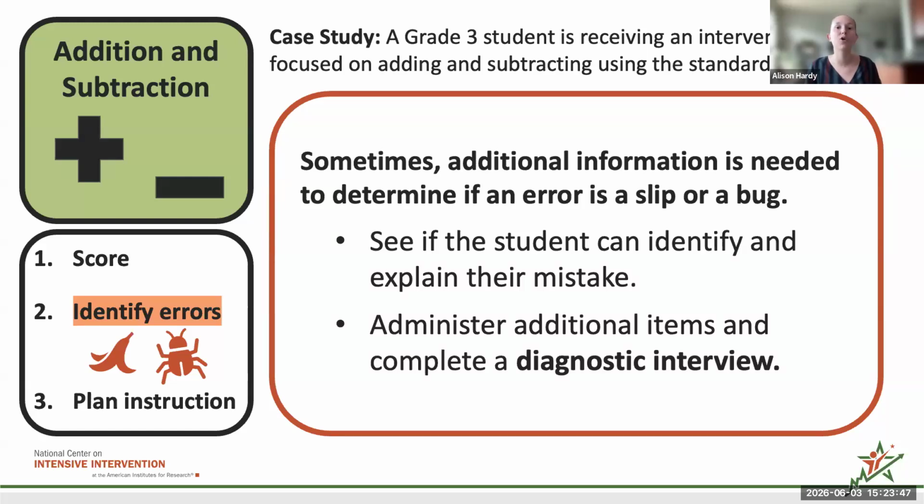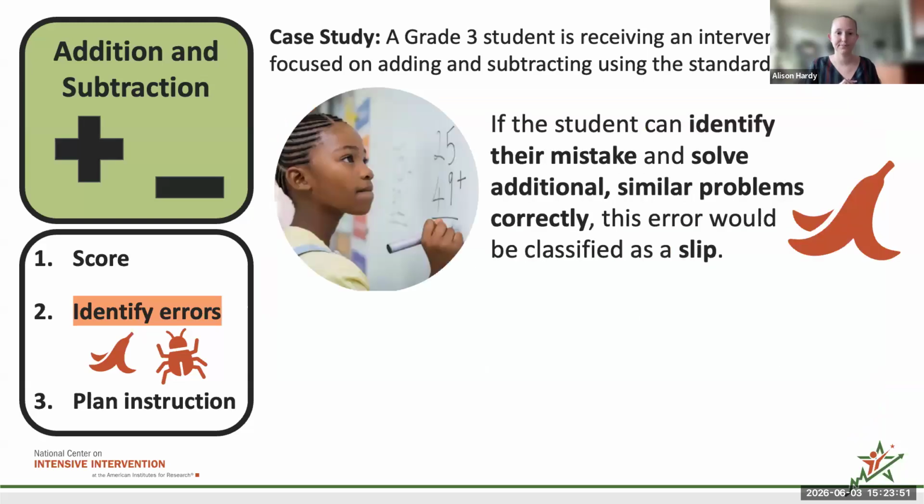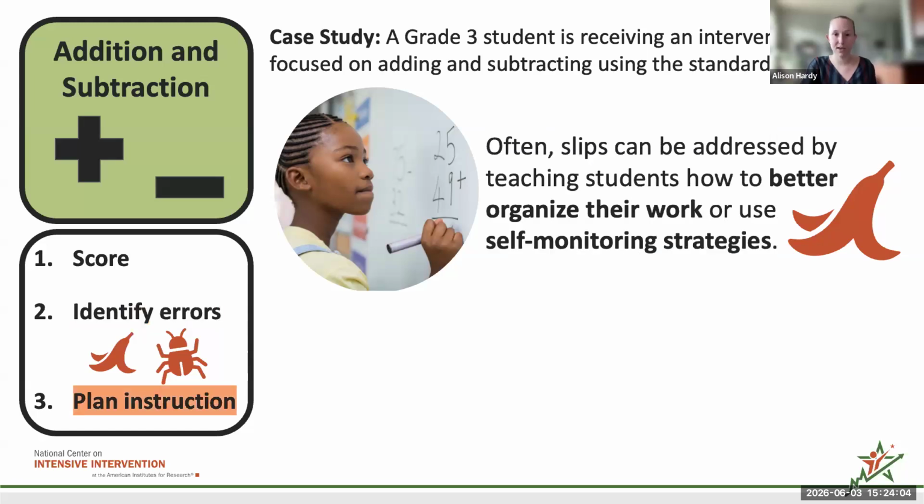Why did you do that? How do you know? So that we can really get into students' thinking. Now, if this student can identify their mistake and perhaps they are able to solve additional similar problems correctly, we would definitely identify this error as a slip.